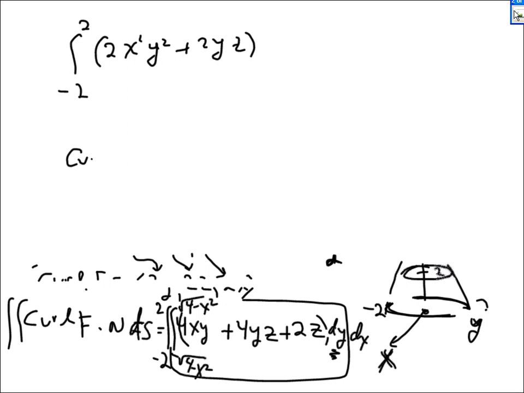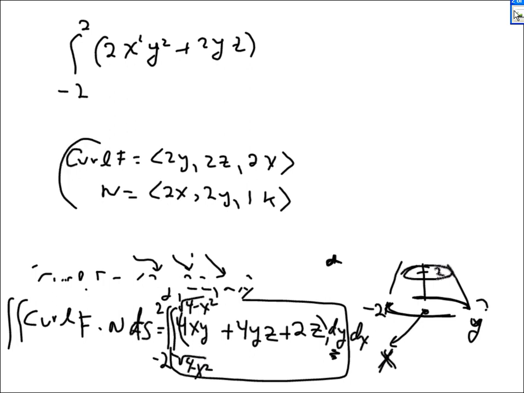I stated that the curl of F was 2y, 2z, 2x, and that n was 2x, 2y, 1k.